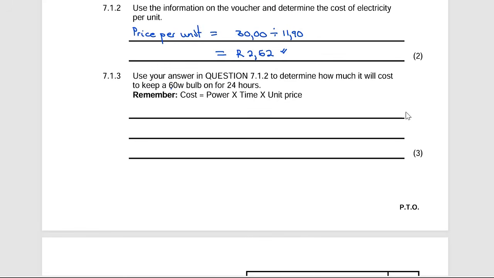What are we given for power? We're given 60 watts, so we're supposed to convert that. If we convert it, we get 0.06 kilowatts, multiplied by the time that we're given, which is 24 hours, and then multiplied by the unit price that we got at the top, which is 2.52. So if we do our math there, we're going to get a value of what?